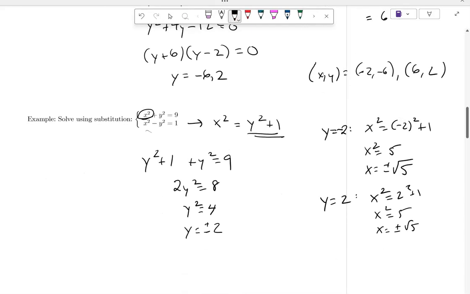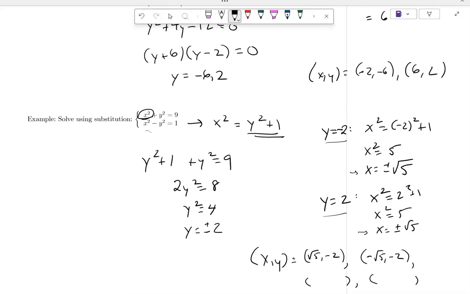So for this one, what are your solutions? How many solutions do you get? You get 4 of them, right? For this y value, there are 2 x's, and for this y value, there are 2 x's, right? So the first one would be positive root 5 comma negative 2, negative root 5 comma negative 2.